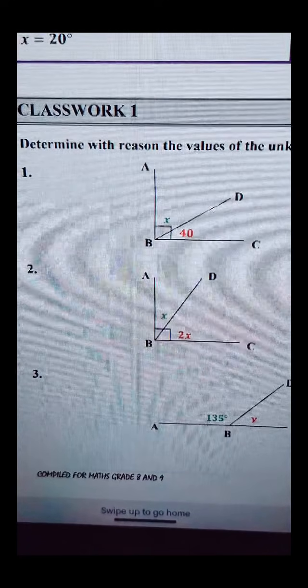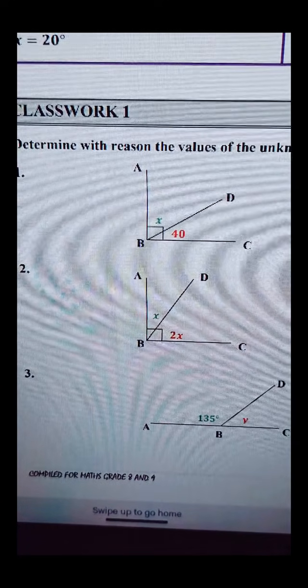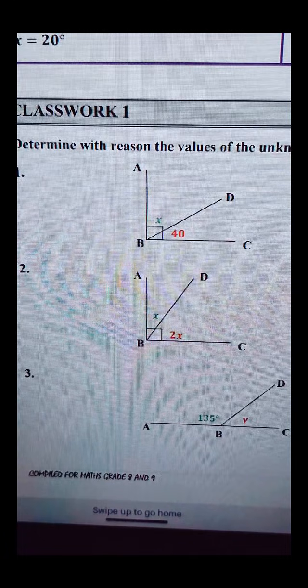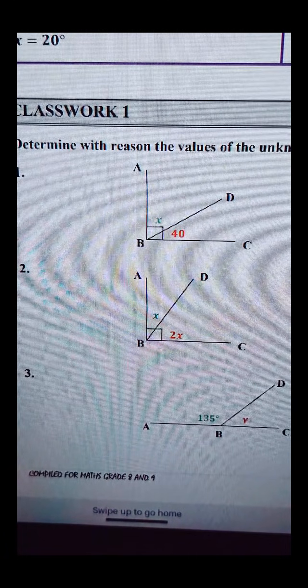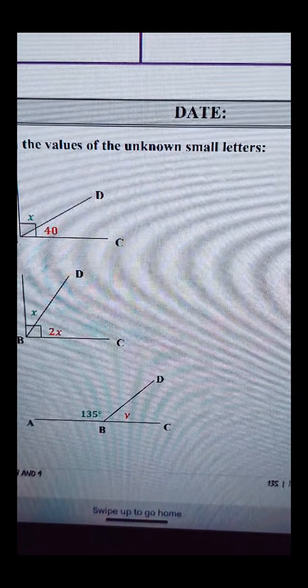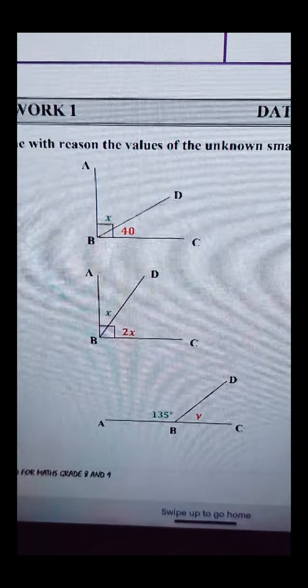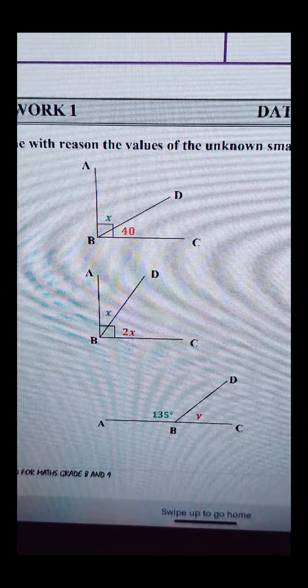Guys, what would be the value of x for this diagram here?